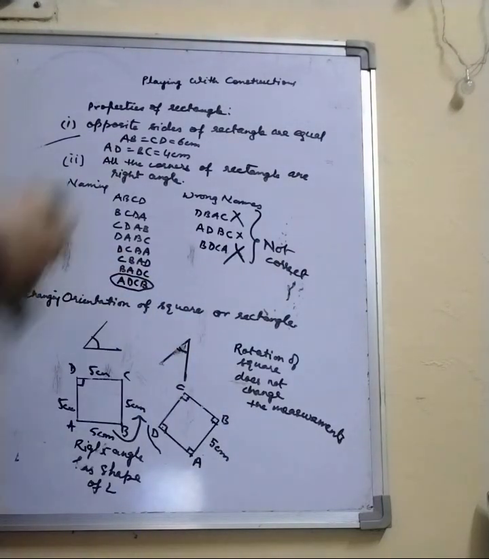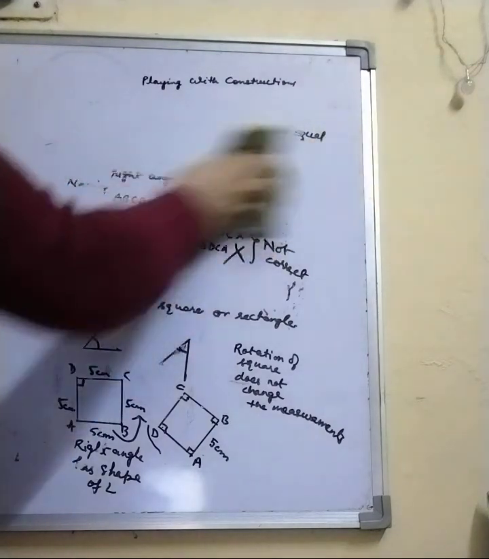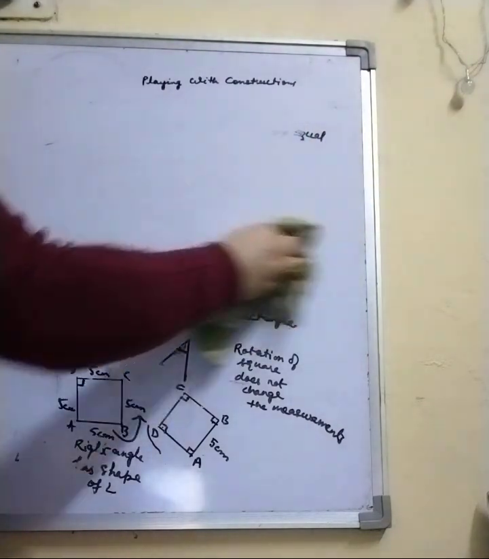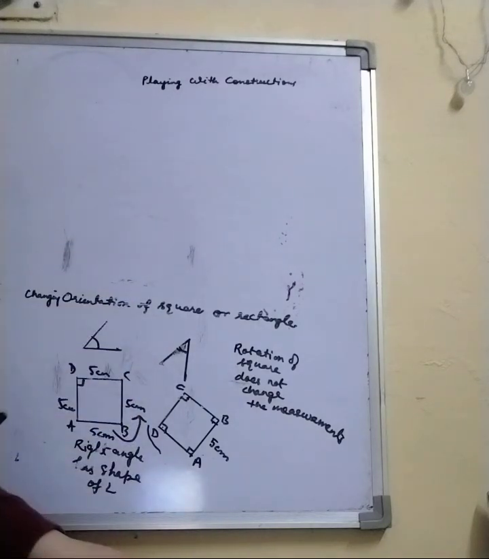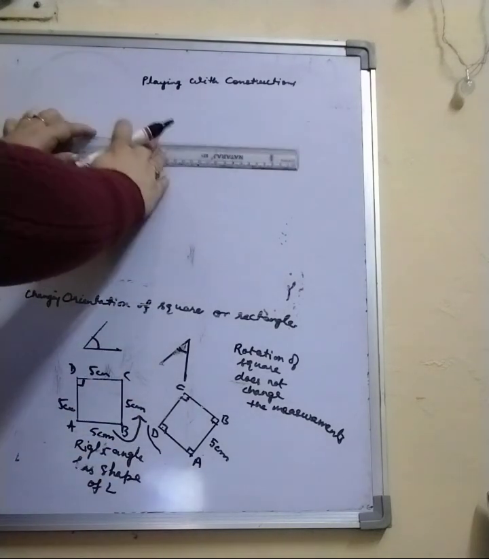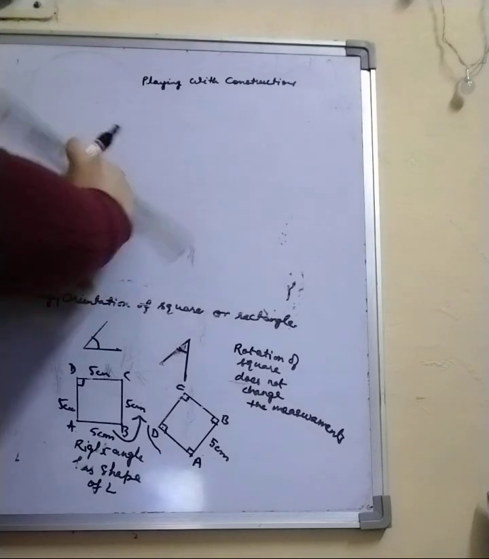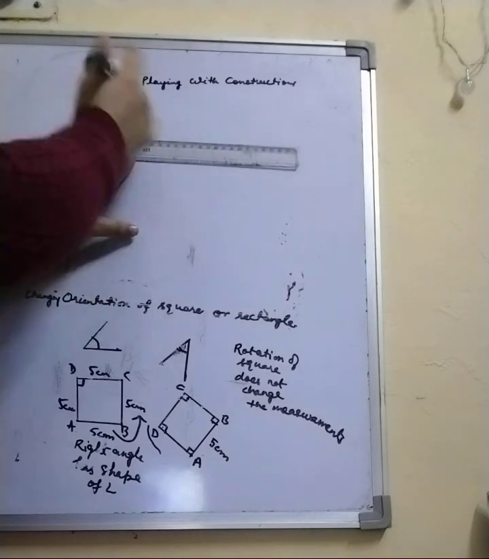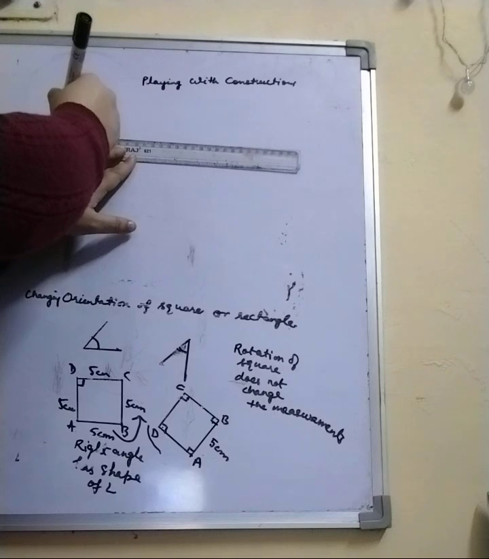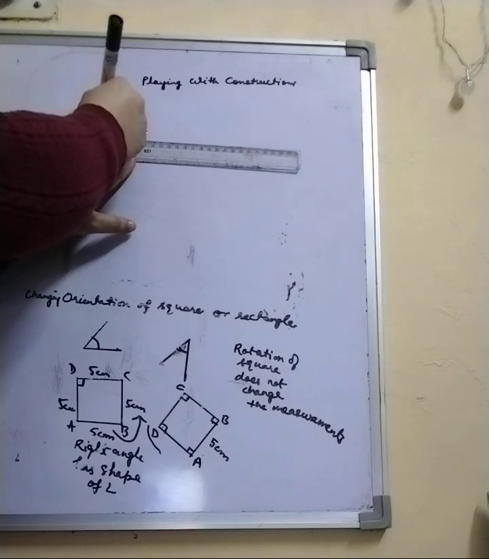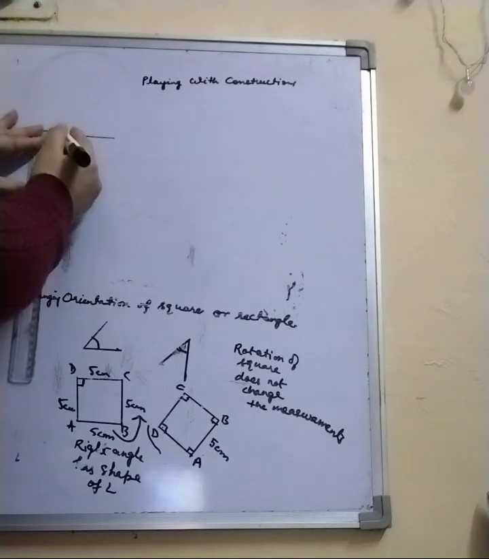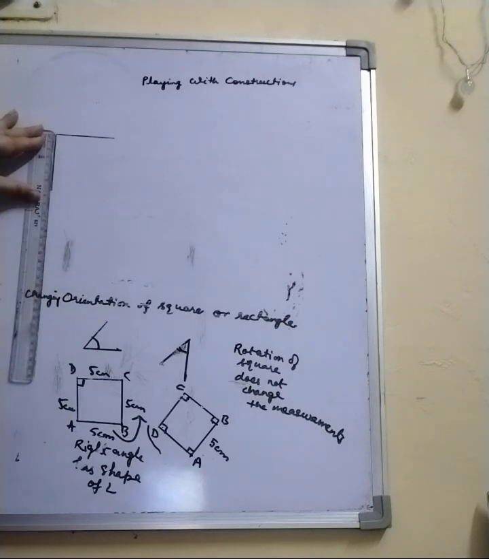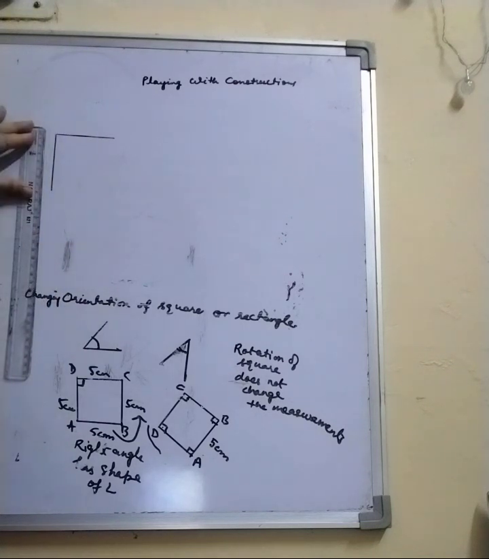Now we rotate a rectangle. So what you have to keep in mind for rectangles is that its opposite sides are equal and adjacent sides are unequal. This is also important. Like if I make it 7 centimeter and I make this adjacent side also 7 centimeter, this would not be a rectangle.